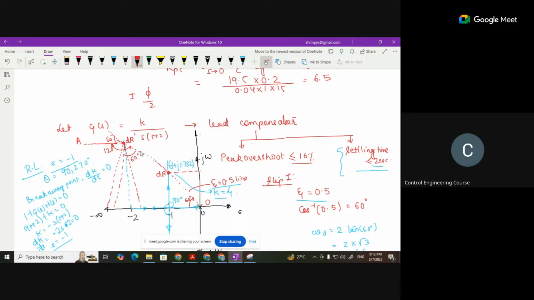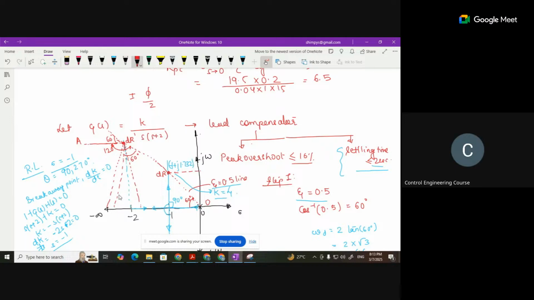If this is 60, what will be this angle? Half of 60 will be 30, and 30 divided by 2 will be 15. Actually, this has become a bit sloppy. It should be to the mark.